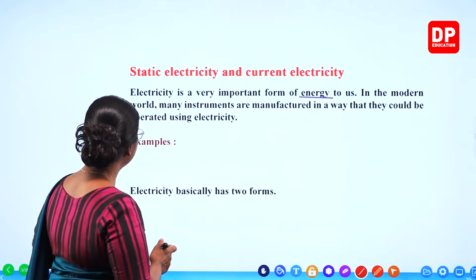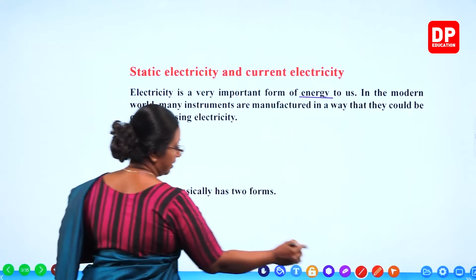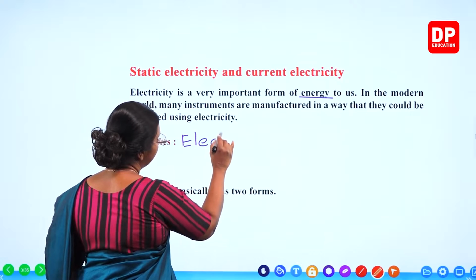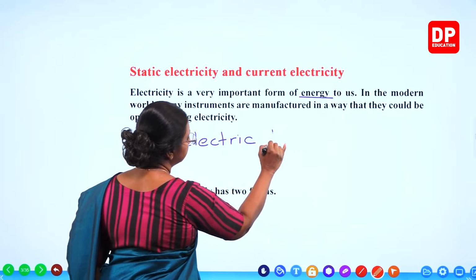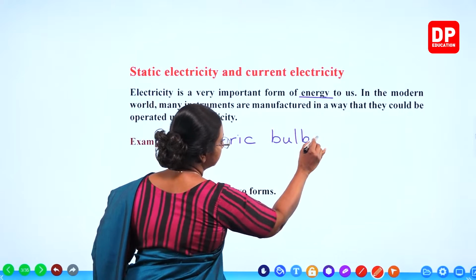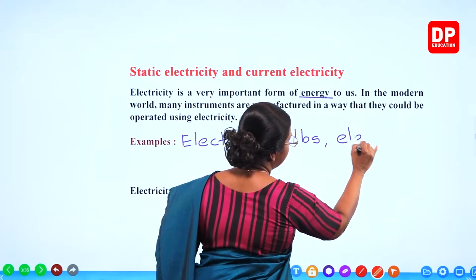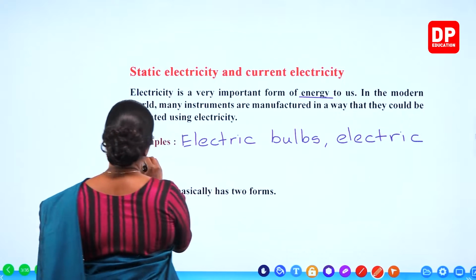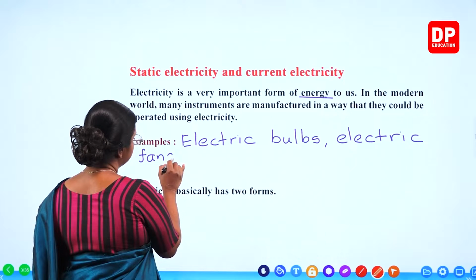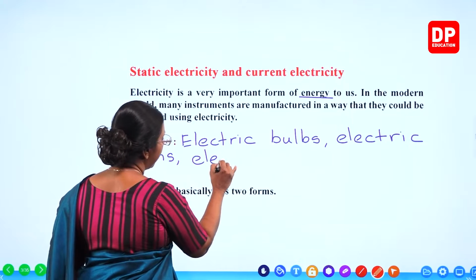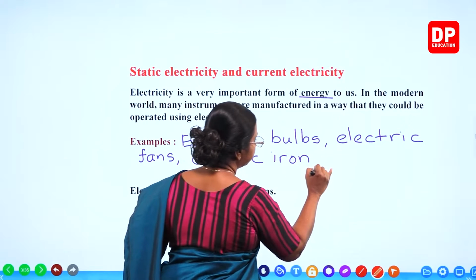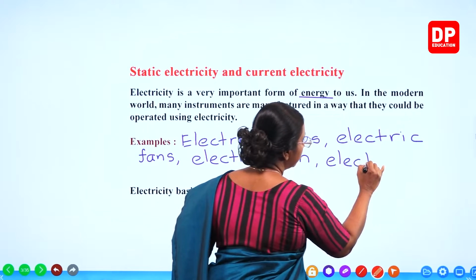So as examples, we can say electric bulbs, then electric fans, then electric iron, electric cooker.